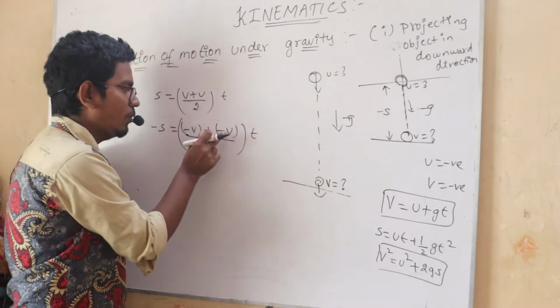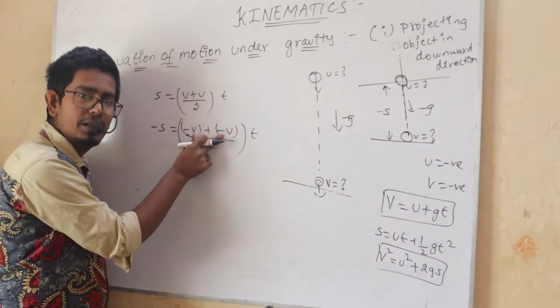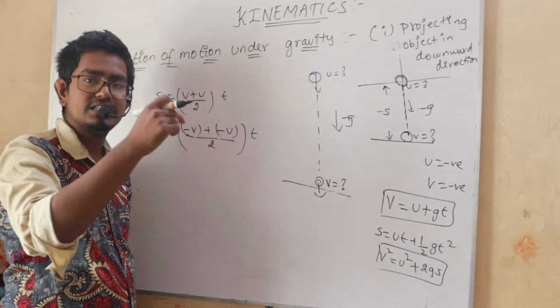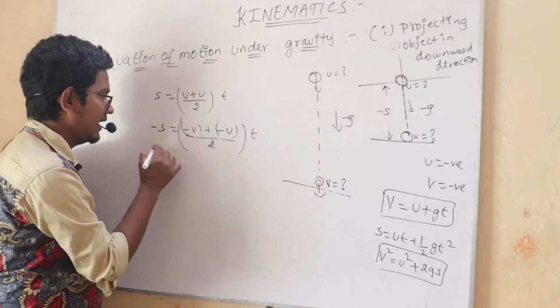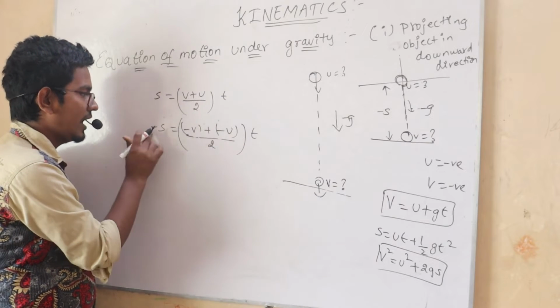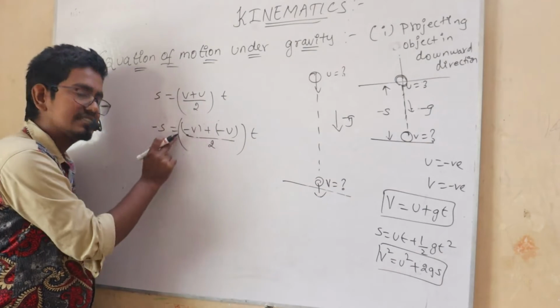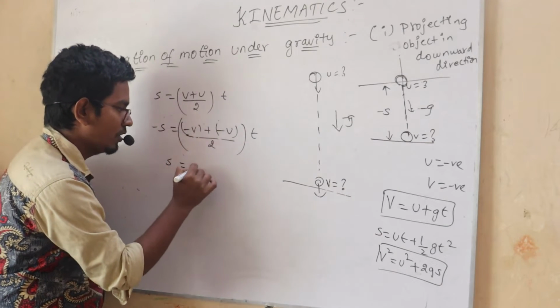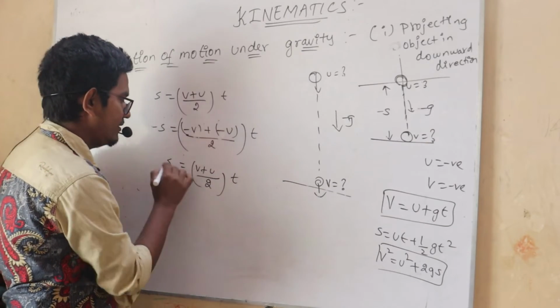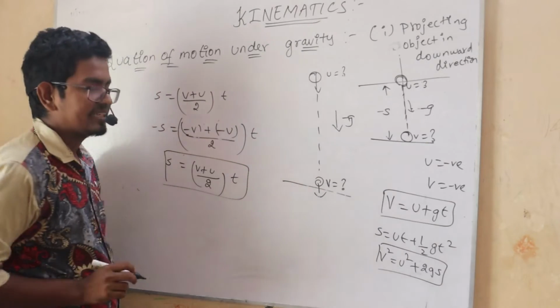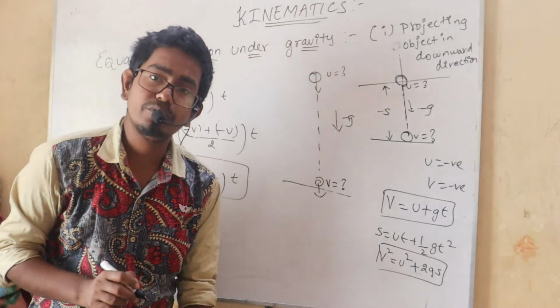And you already know why I put the negative sign here: because my velocity and my displacement are acting in the downward direction. So I bring this minus out, and here one more minus, they cancel each other. Then s is equal to v plus u upon 2 into t. I will get the same form as the kinematic equation.